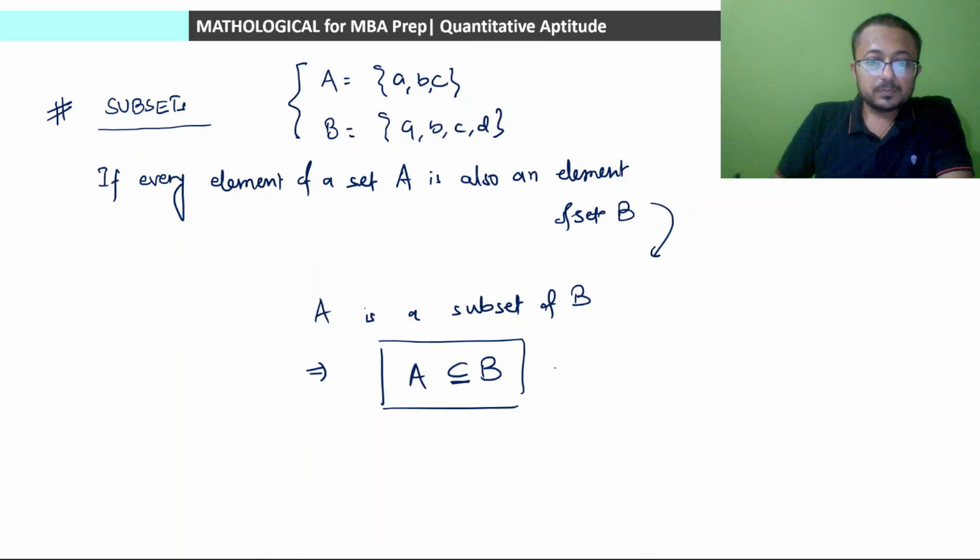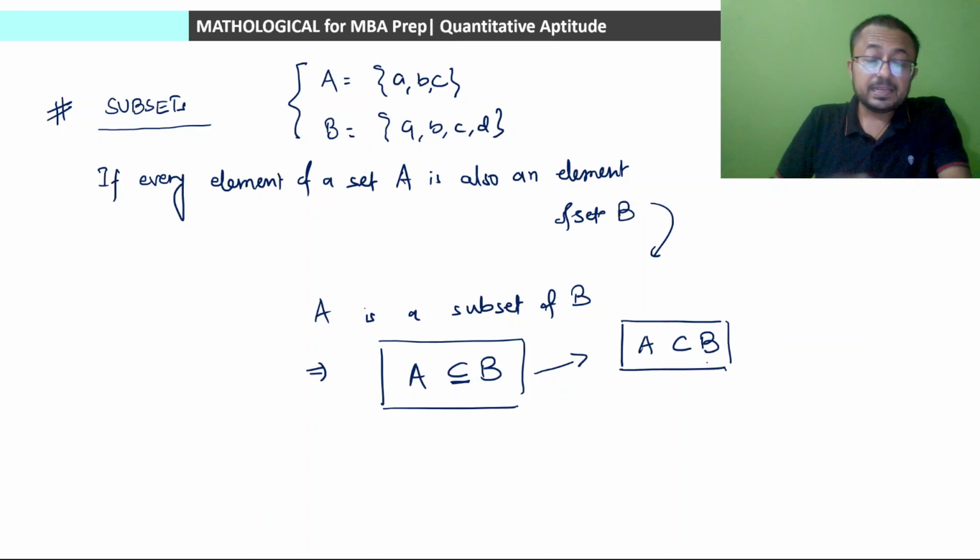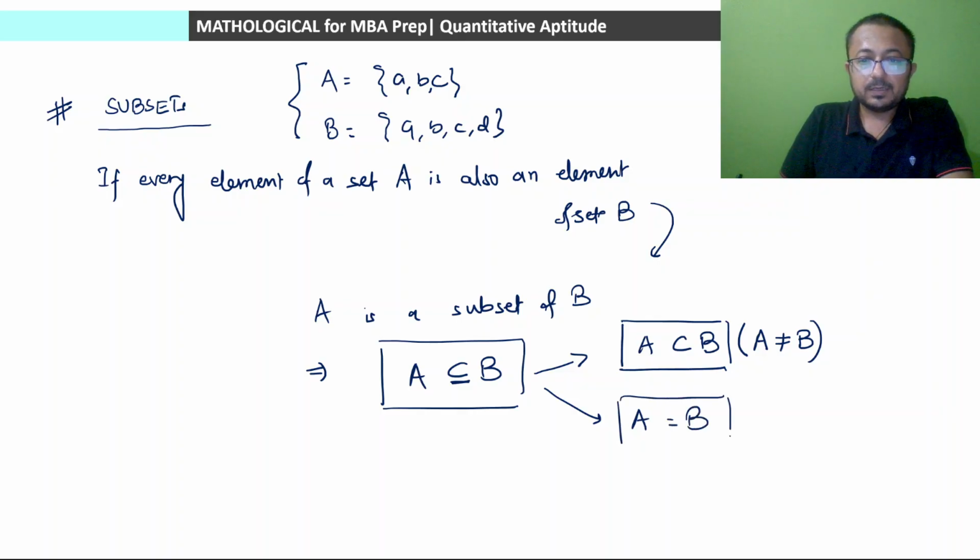So now दो बातें निकलती हैं यहाँ से. Either A will be a proper subset of B, which is that A is a subset of B, but A is not equal to B. Or second scenario, when A is equal to B. And if A and B are equal, then these two are called equal sets. ठीक है? तो दो केसेस आ गए हमारे.